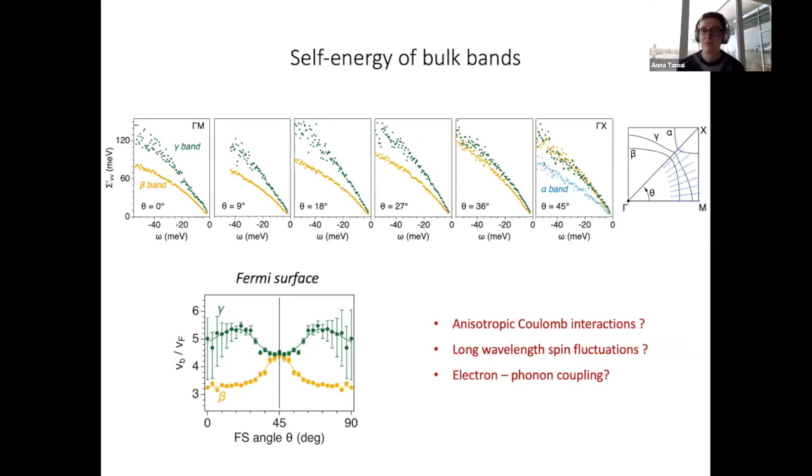So this is a large effect, and if you would think of it in terms of a Fermi liquid with a single band and only local interaction, you would not expect at all such a large angular dependence. And you could now discuss whether this is the signature of coupling to some spin fluctuations or electron-phonons.